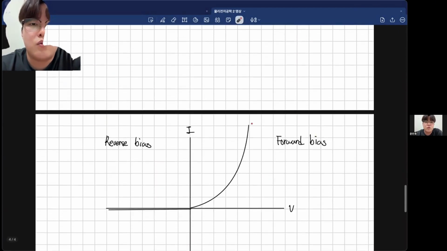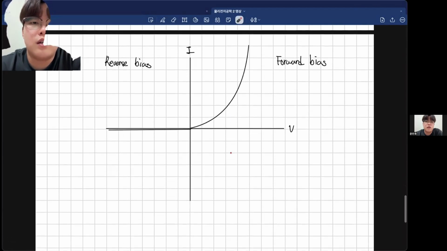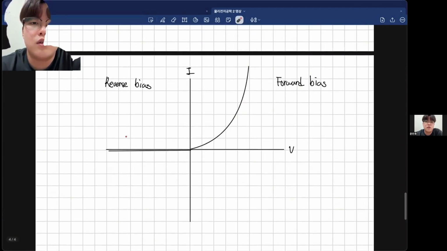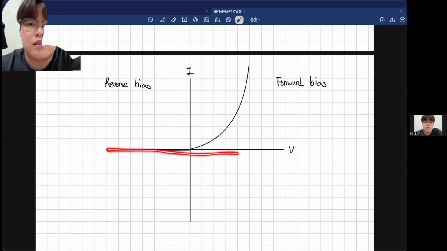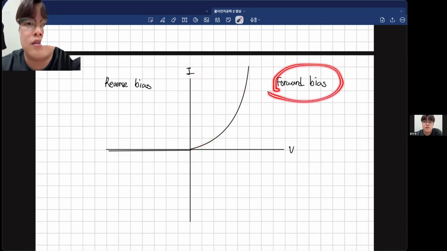And we have to know the IV curve. We can draw the IV curve, and we set the x-axis as voltage and the y-axis as current. As you can see in this curve, the current increases exponentially with the voltage, because in forward bias the barrier is lower.